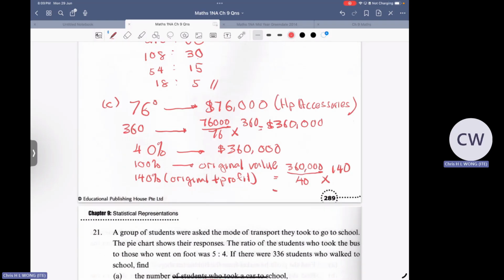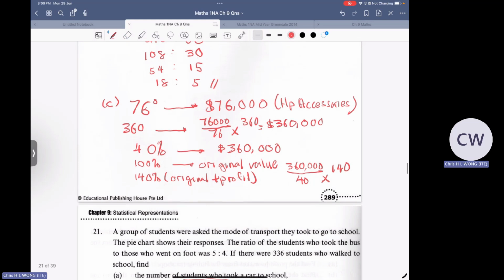That will give you... let me calculate that. 360 divided by 40 times 140.